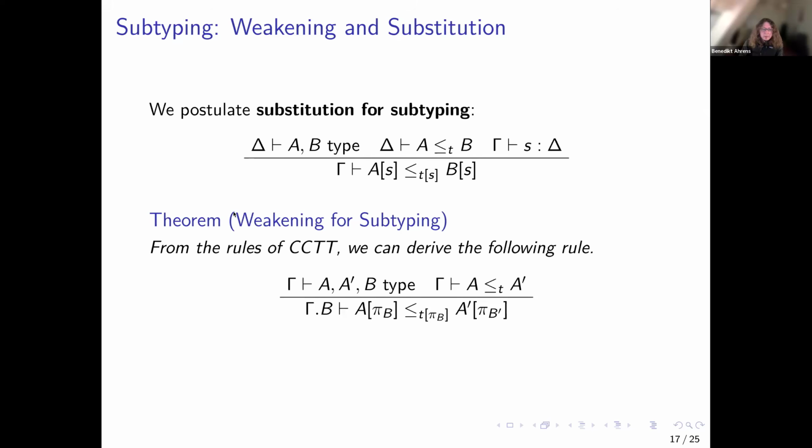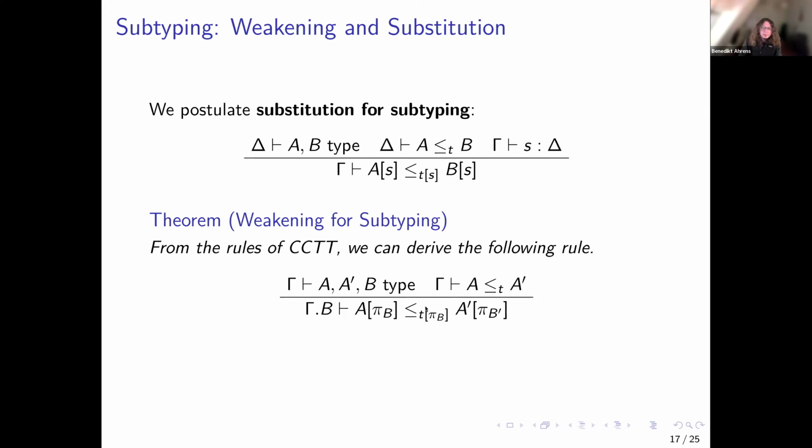Of course, we would like to have weakening for subtyping, meaning that if A is a subtype of A prime via a coercion T, then if we weaken in particular, the weakened A should also be a subtype of the weakened A prime, via a coercion that here is obtained simply as substituting in T. So this is a technical lemma that just says we also have weakening.